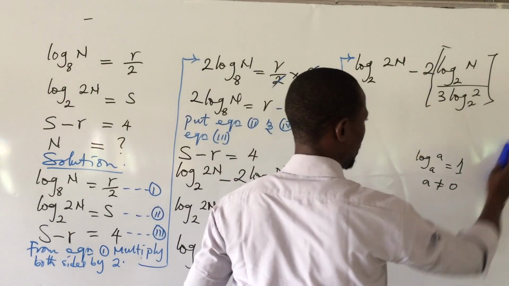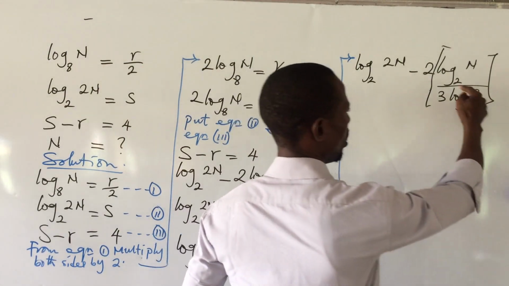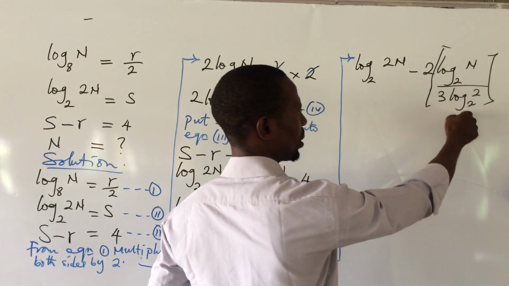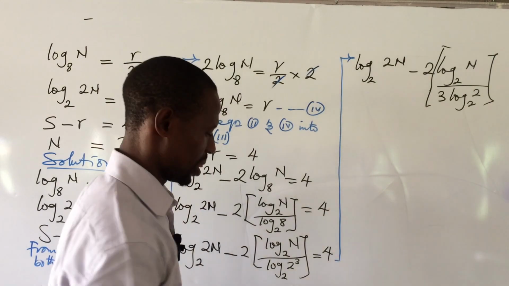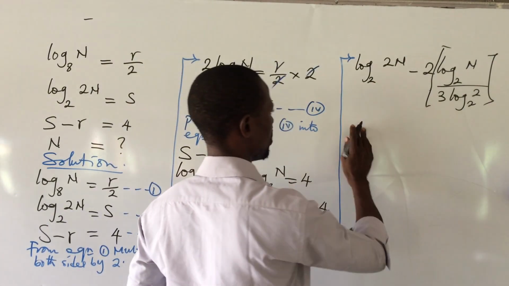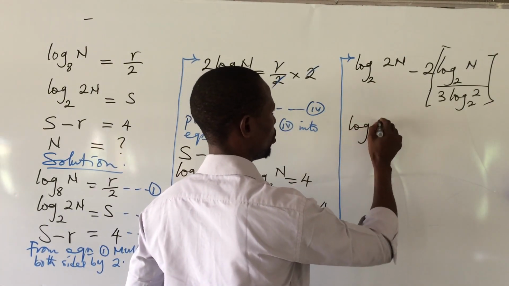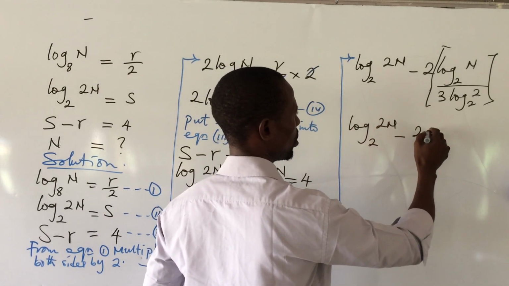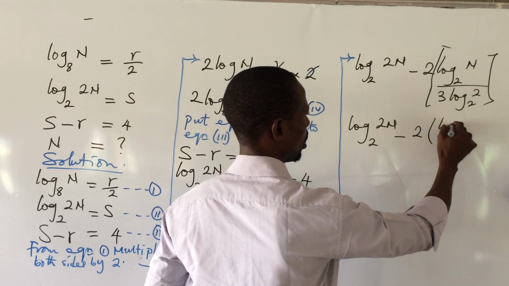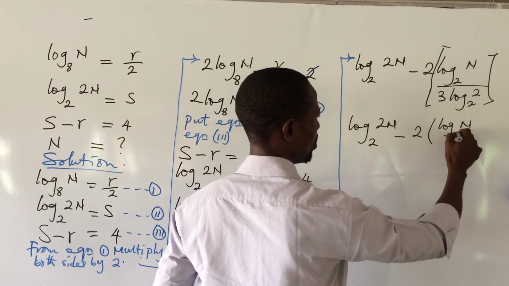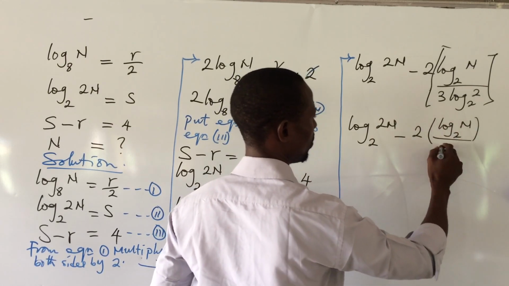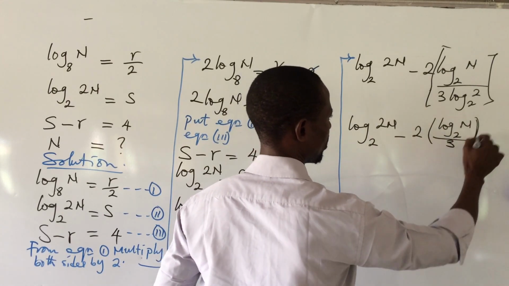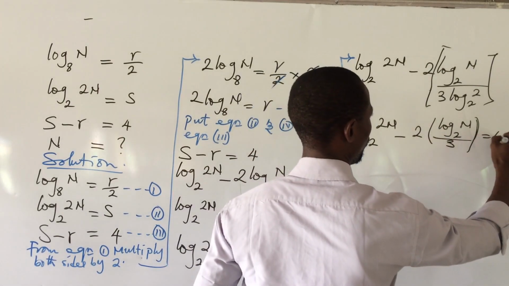And so if we apply that, the whole of this will become 1, which is 3 times 1 will give us 3. So this expression will now become (log 2n base 2 minus 2 into log n base 2), close bracket, all over 3, equal to 4.